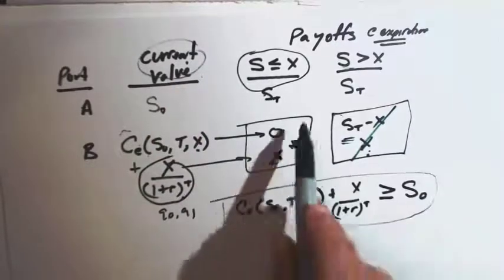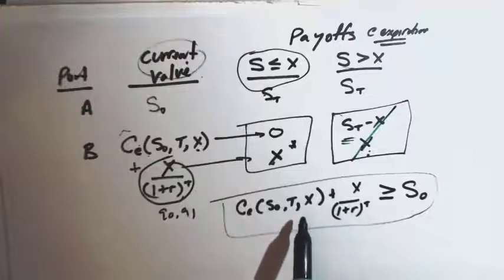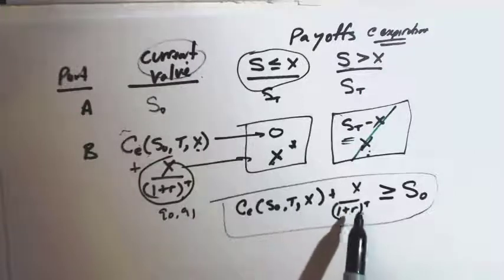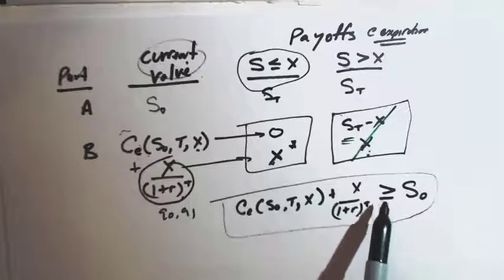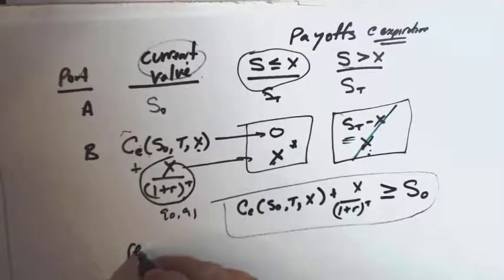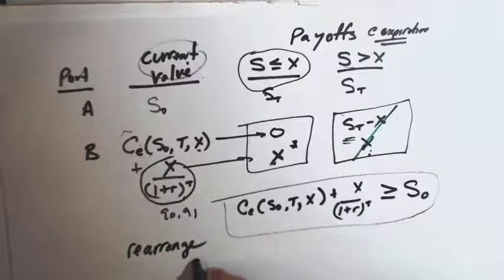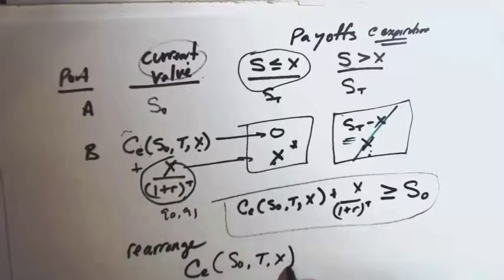And based on these conditions, we know that the bond and the call are worth at least as much as the underlying stock itself. And so we can rearrange it. And the rearrangement becomes C ST X.